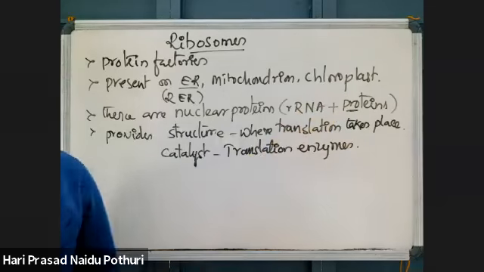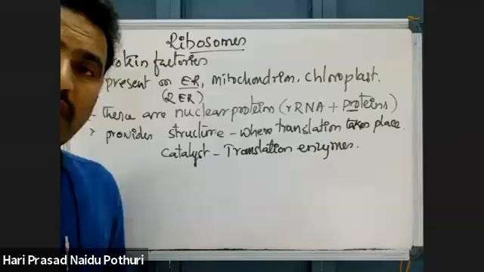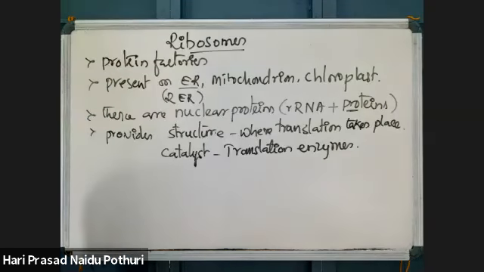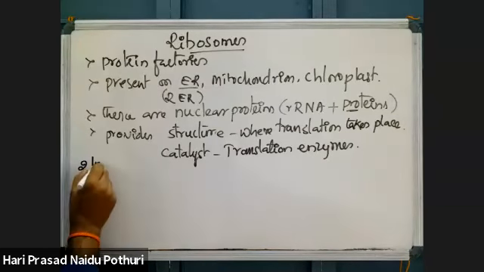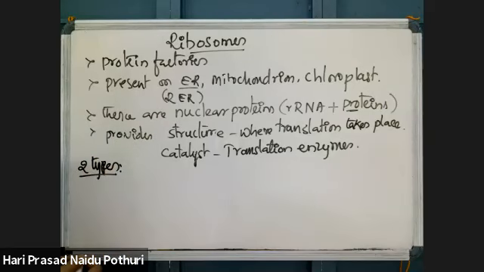Among the proteins present in ribosomes, there are many enzymes involved in the translation process. Okay. You already know that ribosomes are of two types. Based on which criteria are ribosomes divided into two types?